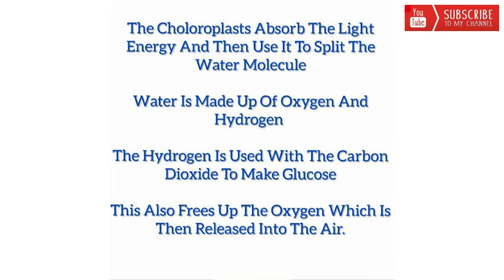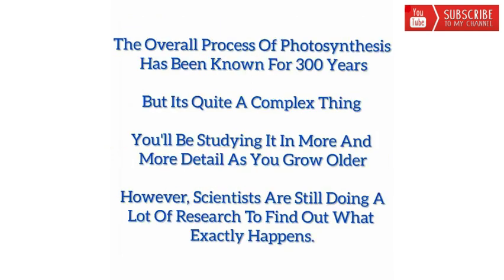This also frees up the oxygen, which is then released into the air. The overall process of photosynthesis has been known for 300 years, but it's quite a complex thing. You will be studying it in more and more detail as you grow older. However, scientists are still doing a lot of research to find out what exactly happens.